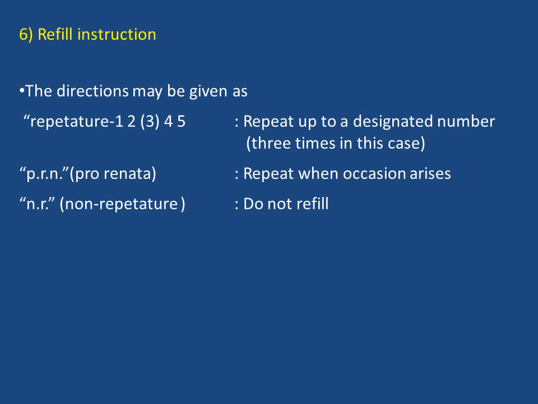The directions may be given as "repetatur" 1, 2, 3, 4, 5. As you can see, the number 3 has been bracketed. That means repeat up to a designated number. In this case, it is 3 times.